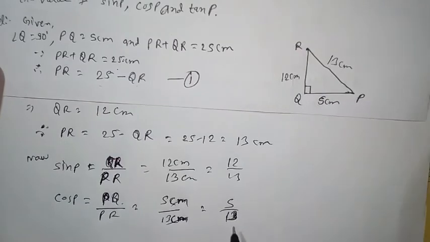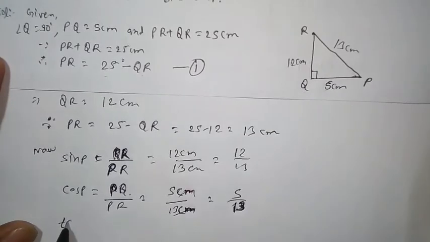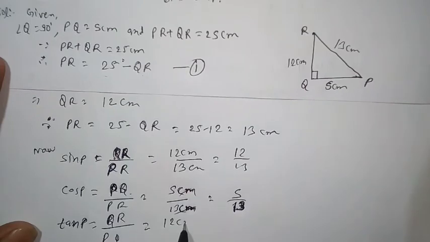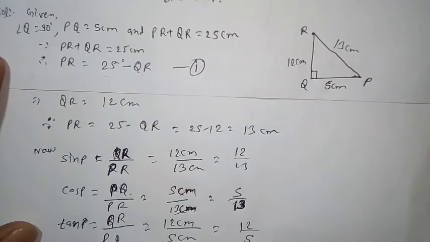Okay, tan P is equal to perpendicular by base, is equal to 12 centimeter by 5 centimeter, is equal to 12 by 5.